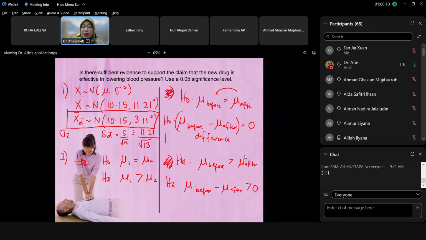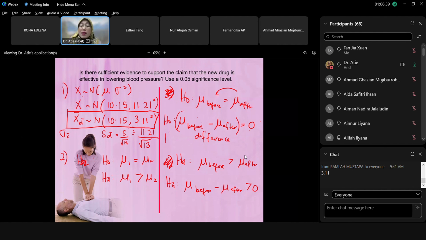I will accept either mean before equal to mean after, or mean before minus mean after is equal to 0. I will accept both of them, so you don't have to worry much. Or you can also write mean 1 is equal to mean 2, right? The most important thing is that I would like to see you really understand what you are doing.